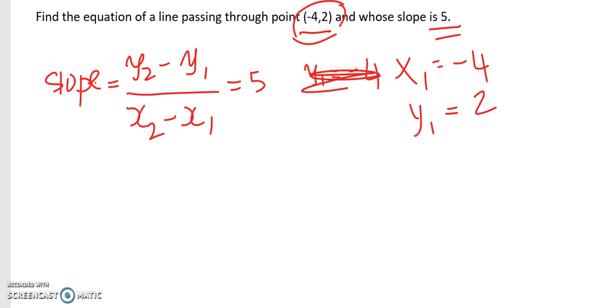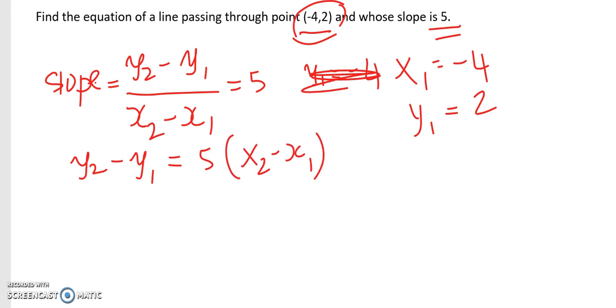So from x1, y1, we know the slope. We should be able to find the other point, x2, y2, from this equation, and then we can draw the straight line, or we can find the equation of the straight line. So how can we do this? So y2 minus y1 is equal to 5 times x2 minus x1.